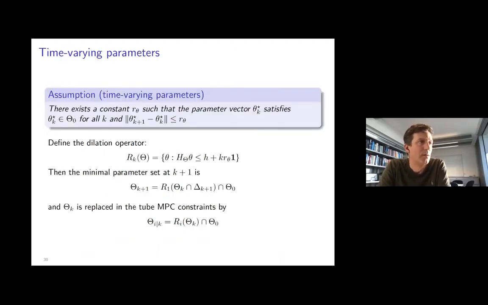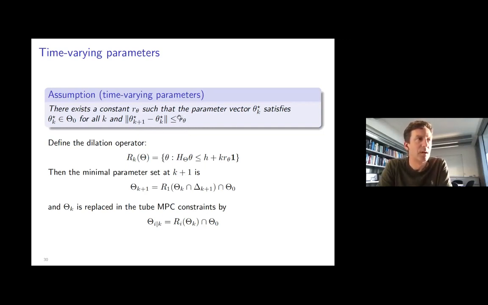Okay, so so far I've assumed that the parameters that we're trying to estimate are fixed. We can extend this type of approach to the case where the parameters are actually slowly varying over time. And by slowly varying, I mean the change in the parameter value is bounded by some number, which I'm assuming is known.